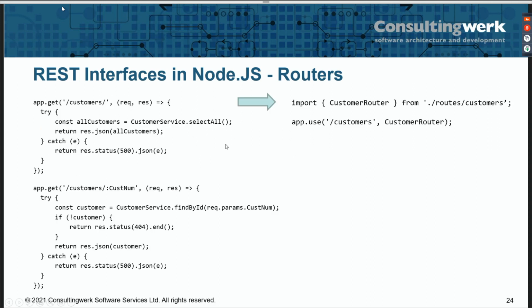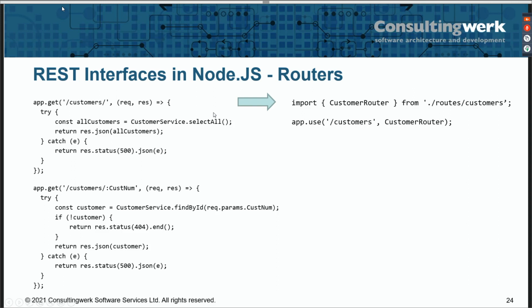So on the left, we see what multiple web handlers would look like without using a router. We just define our web handlers on the main Express application. In this case, I'm defining two get web handlers, one for all customers and one for finding a customer by ID.